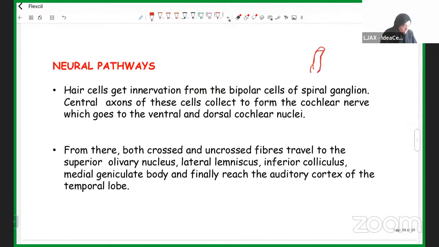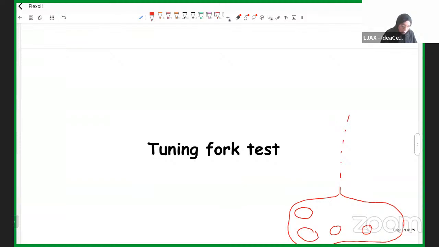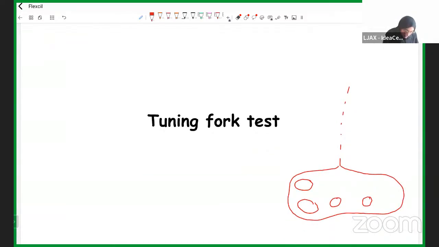So here it mentions that from there, both crossed and uncrossed fibers travel into the superior olivary nucleus, lateral lemniscus, inferior colliculus and medial geniculate body. From here, we have three order neurons: first order neuron, second order neuron, and third order neuron. Second order neuron will have four parts.